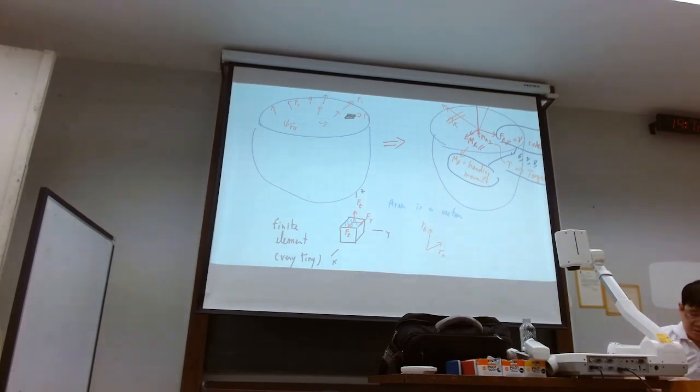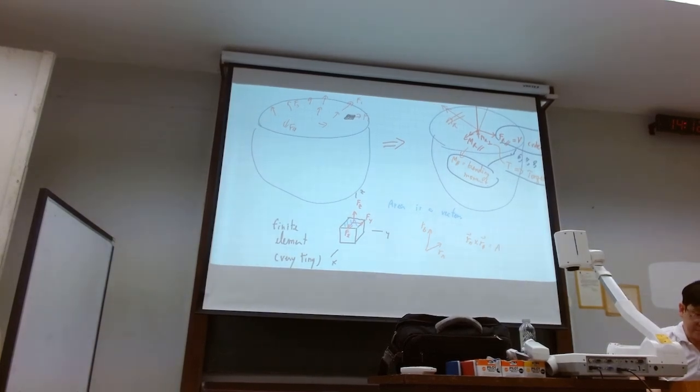The cross product RA cross RB will give you the area, and the direction of that area is perpendicular to both RA and RB. This is a cross product. So A itself is a vector quantity.